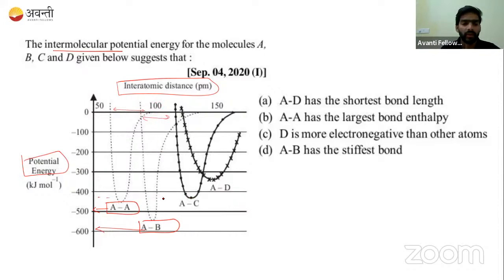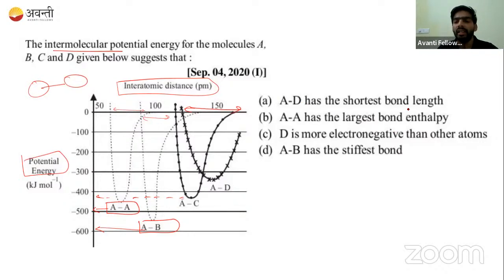For AC, this much potential energy, and then for AD, the bond length, we can say interatomic distance. Interatomic distance is nothing but the distance between the two atoms. Okay, so let's move on to the options.